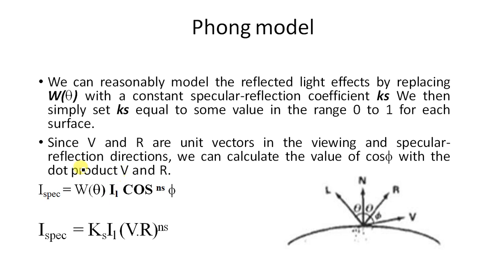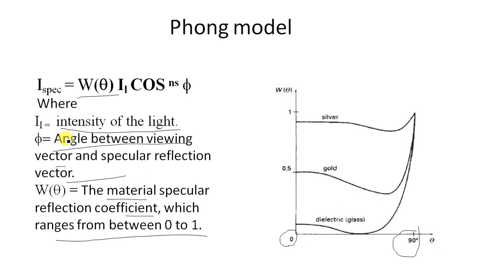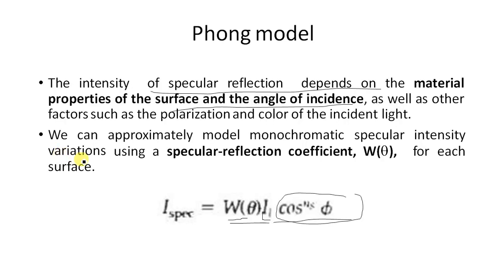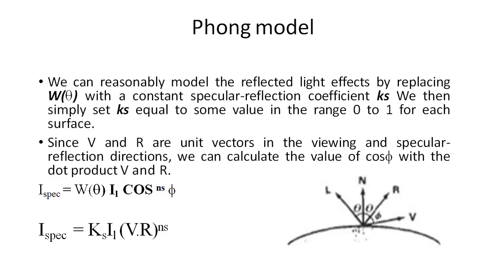Now we can replace the specular reflection coefficient W(theta) by a specular reflection coefficient ks. We then simply set ks equal to some value in the range 0 to 1 for each surface.